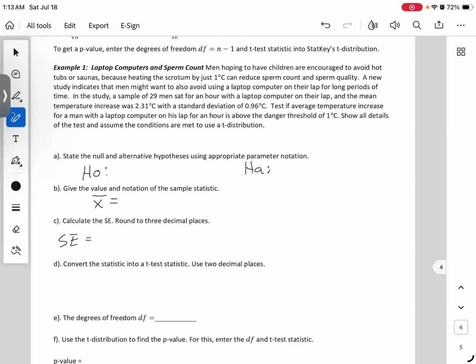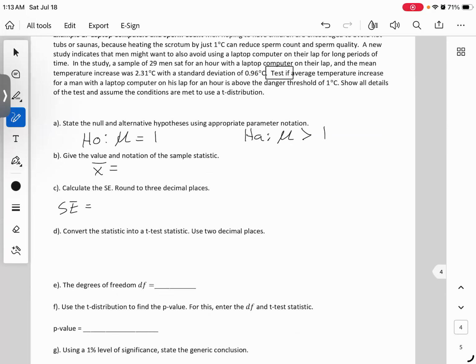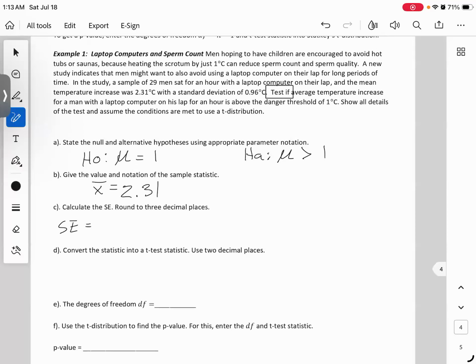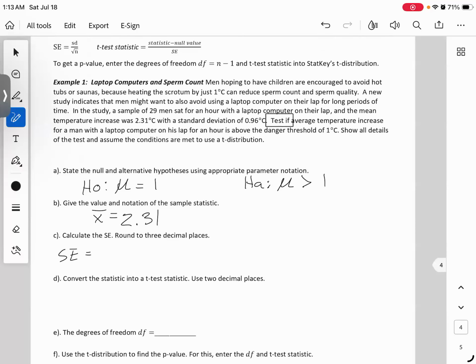Okay, so based on what they were testing, they wanted to check whether the average temperature increase for a man with a laptop computer on his lap for an hour is above the danger threshold of 1 degree Celsius, which would be a right tail. The actual sample that came back, they tell us up there that there were 29 men.